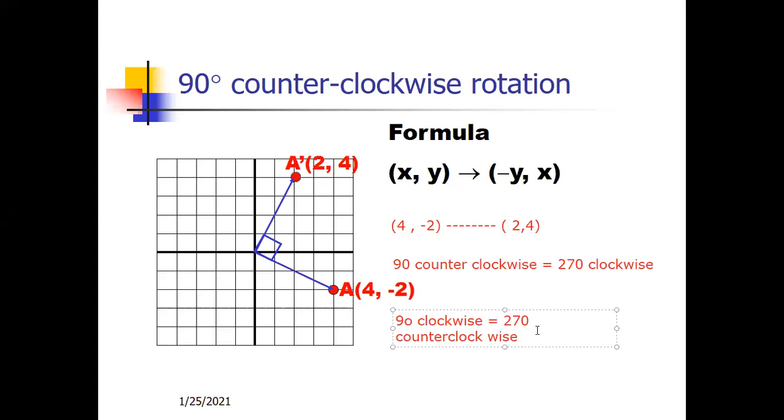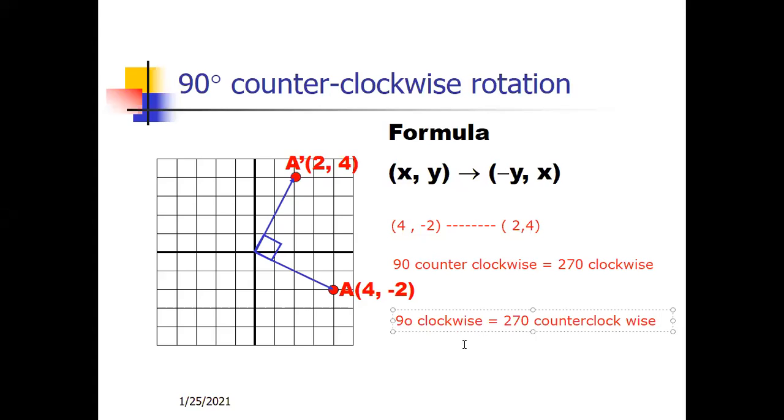Okay, then we have to know that sometimes if I ask you to make 270 counterclockwise, it's the same like 90 clockwise, which means 90 clockwise means positive or negative? Negative. So it will be negative.